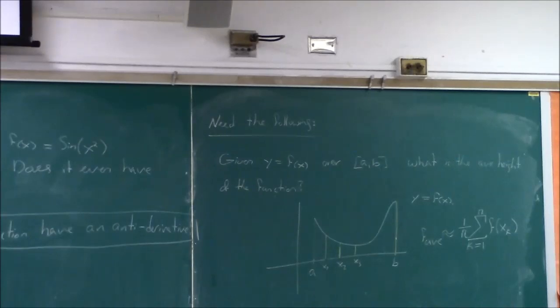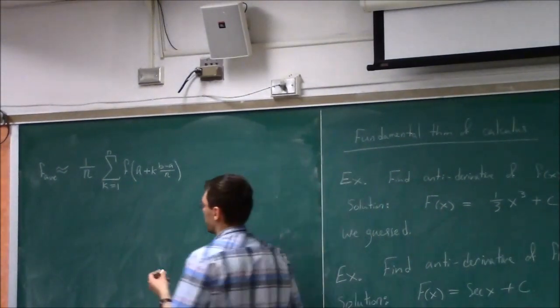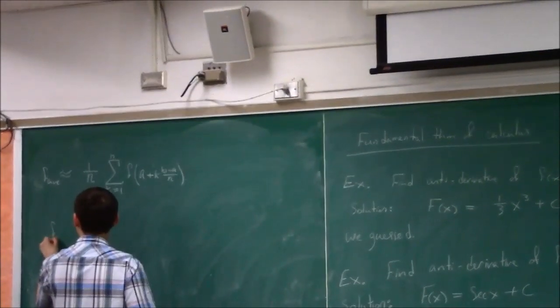Right? No, there is no times b minus a, right? Well, that's what we have. That's the average. Now it should look familiar. So the exact average should be the limit.